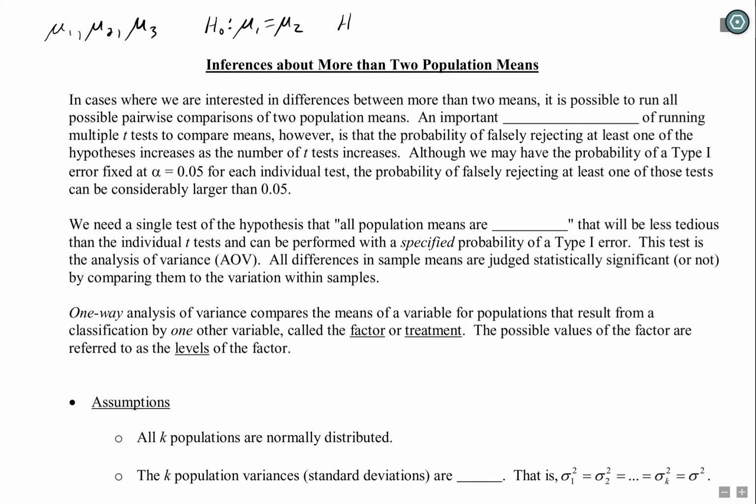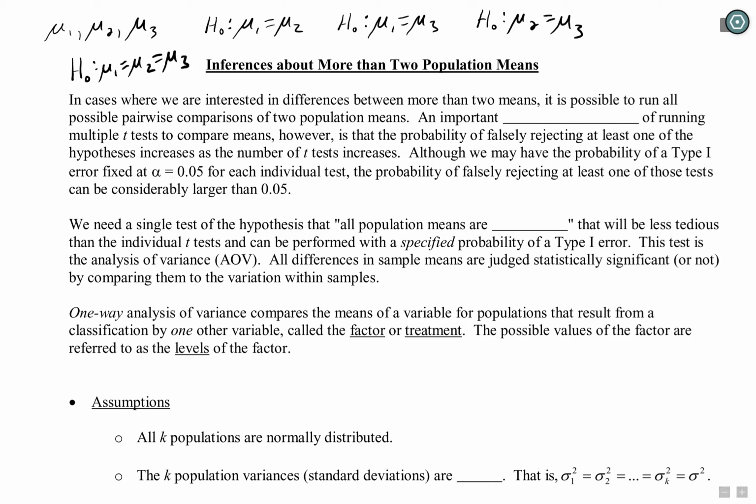I could also have another test where the null is that mu1 is equal to mu3, and then a third test where mu2 is equal to mu3. So what I have here are 3 hypothesis tests, presumably 3 t-tests, that would need to be run in order to check this hypothesis, or what the data suggests about the equality of all 3 means.